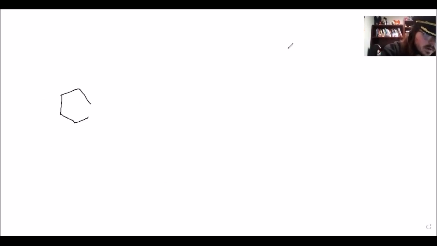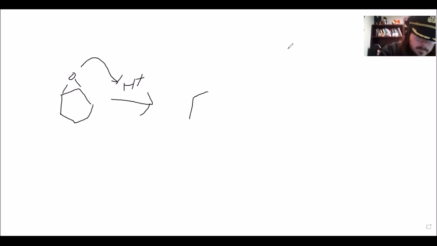Essentially, the lone pair is going to attack there and protonate this. Then from there we have a good leaving group. But it's only a good leaving group from one side. It's not going to leave both sides at the same time.